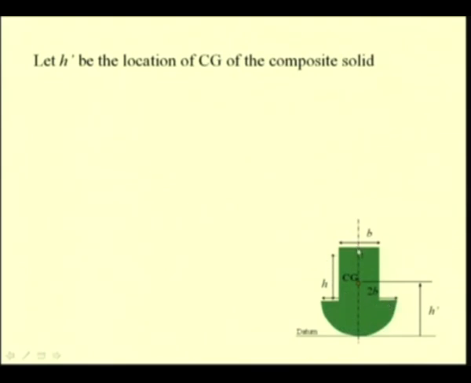The various dimensions are given, like h being the height of the cylindrical portion, b the diameter of the cylindrical portion, and 2b the diameter of the hemispherical portion. So, let us first compute or get the expression for this H prime.